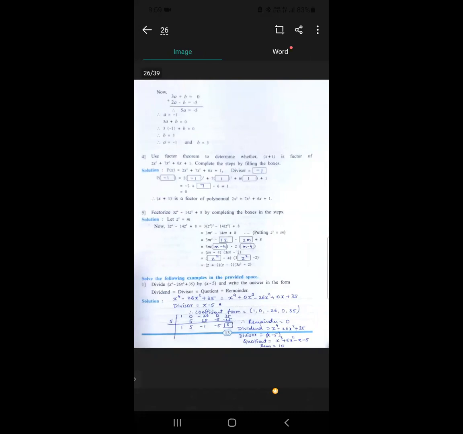Questions 4 and 5 are activity based questions, and you know that activity based questions are very, very important and easy to score marks. Because the whole solution is already given, you only have to fill up the boxes.